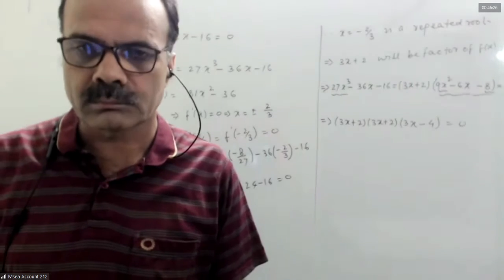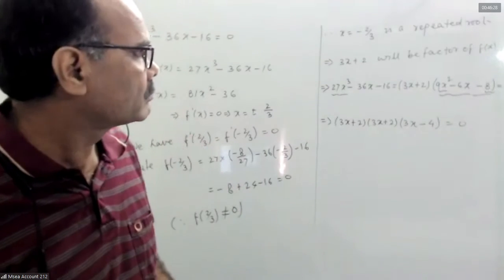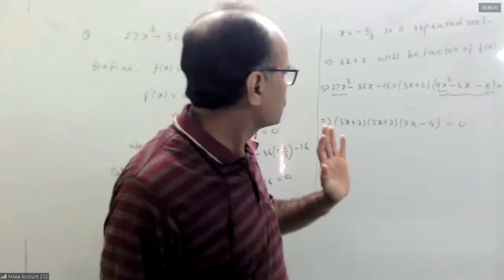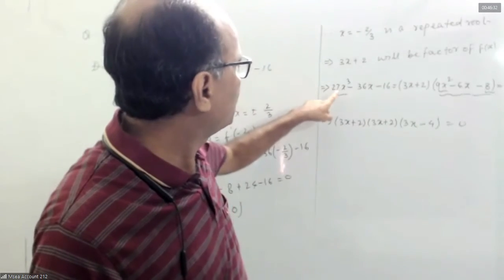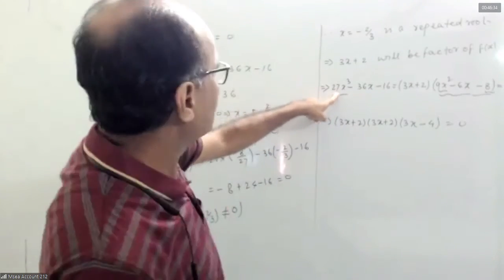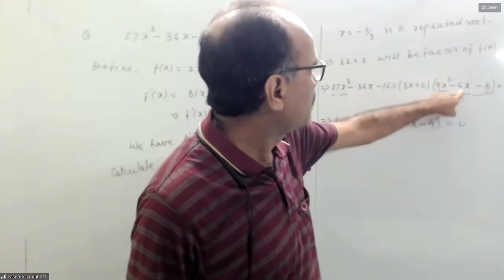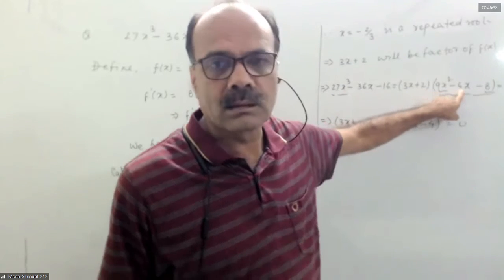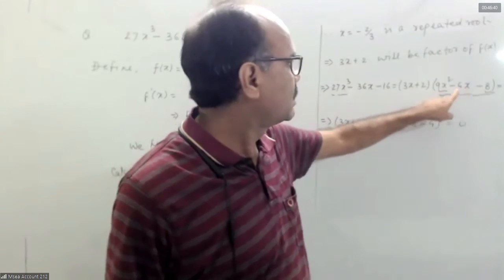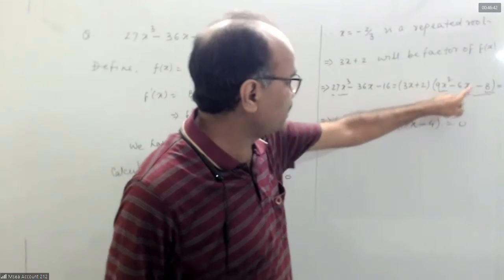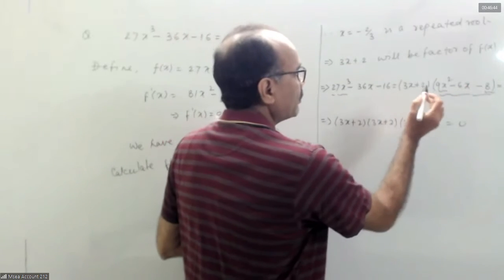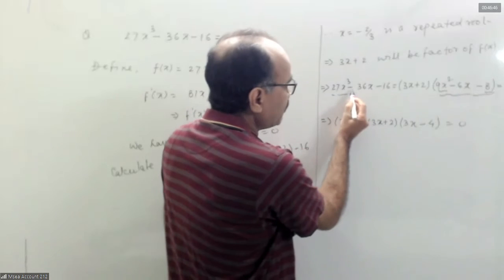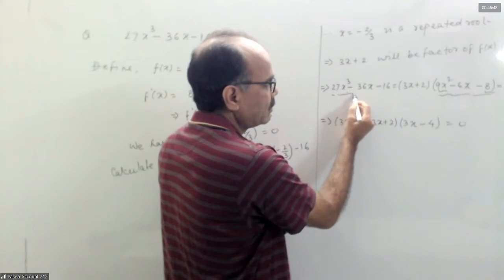How did I get minus 6x? Here the coefficient of x square is 0.